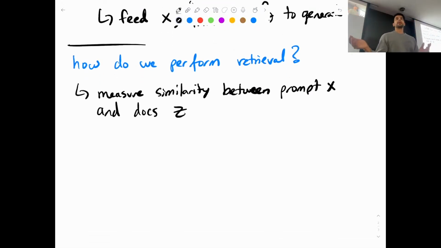So what are some ways that we know to measure? Let's say I have a prompt and a candidate document, and I want to know how similar this prompt is to this document. What are some ways we could do this?